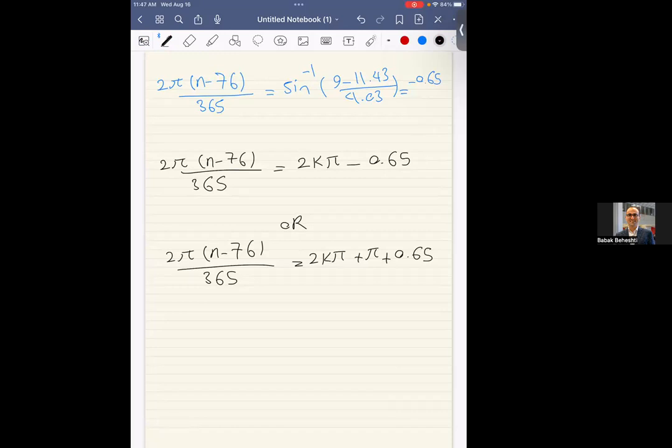There are infinitely many of them, right? For any integer k. And then you can simplify and write everything in terms of n, right? So let me work on the first solution. Let's just simplify the first solution.